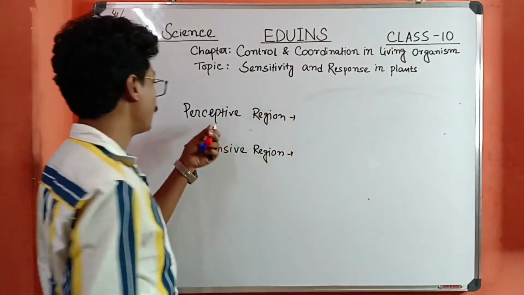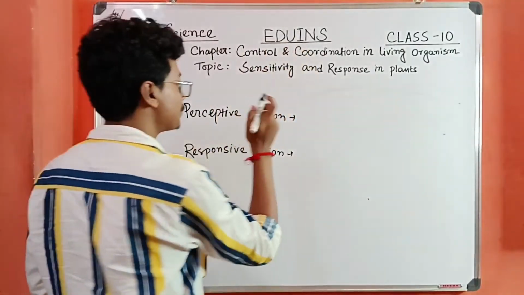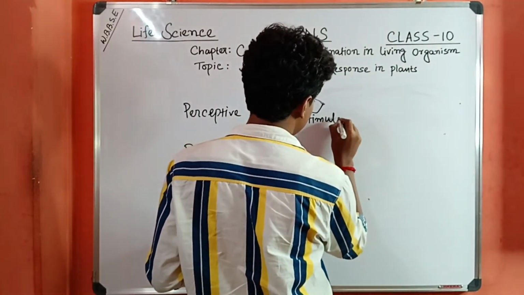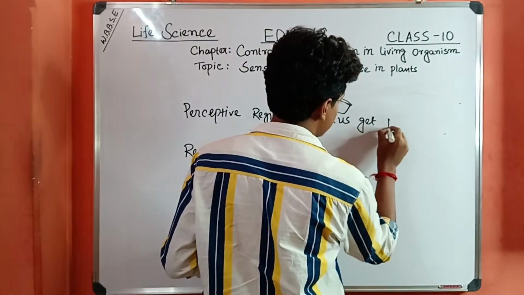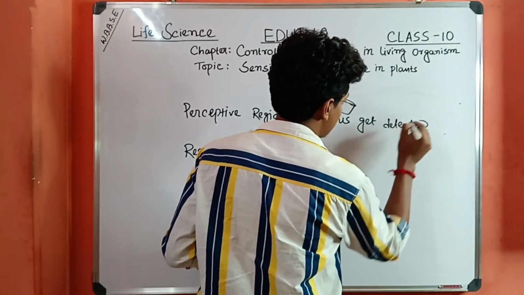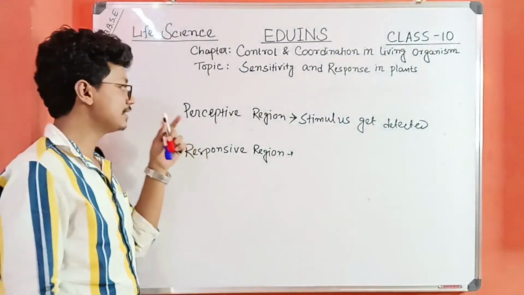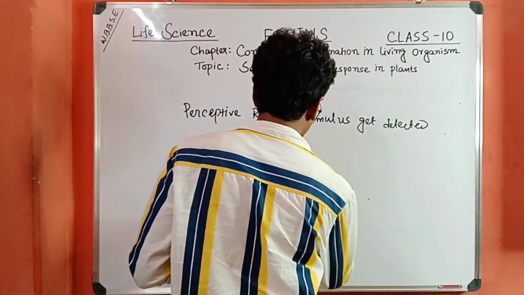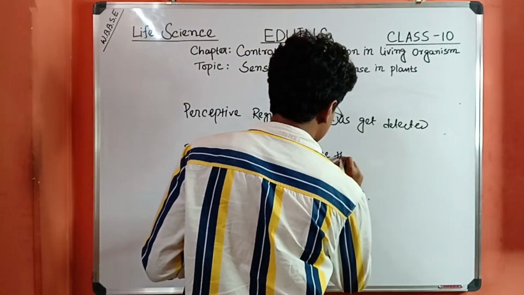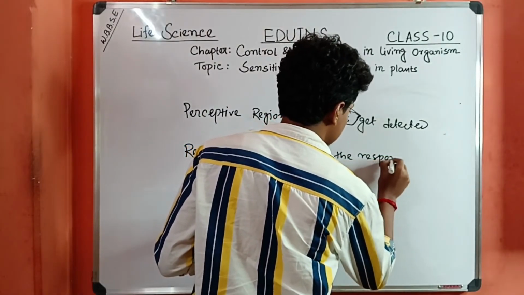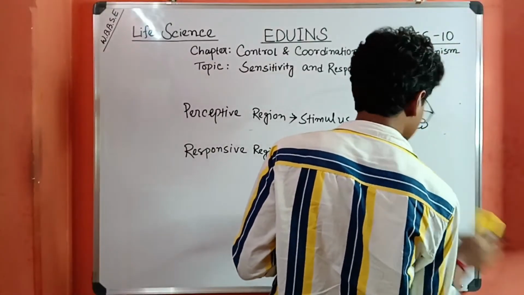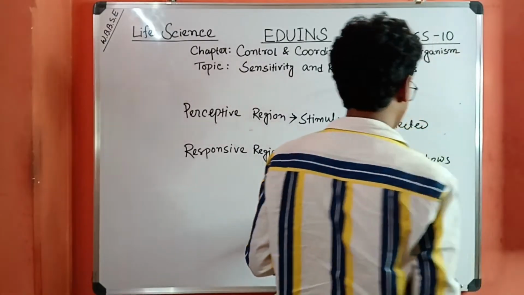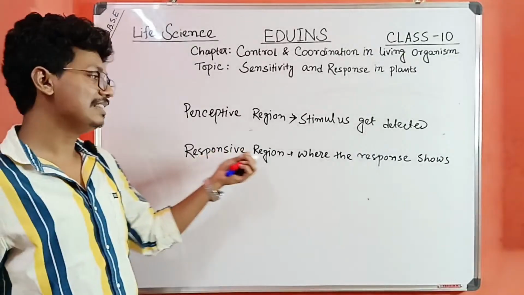The perceptive region is where the stimulus gets detected. And the responsive region is where the response shows, where we observe or see the response.